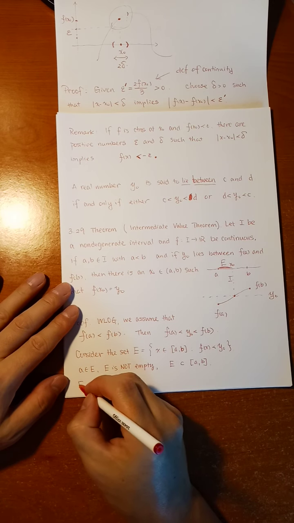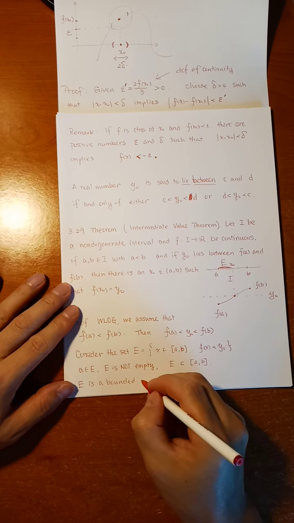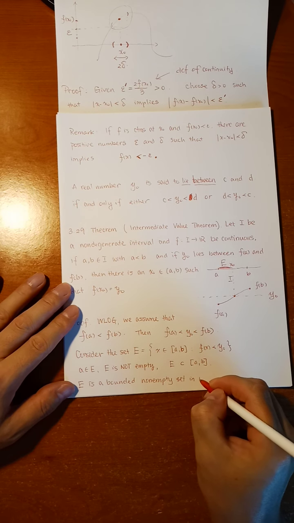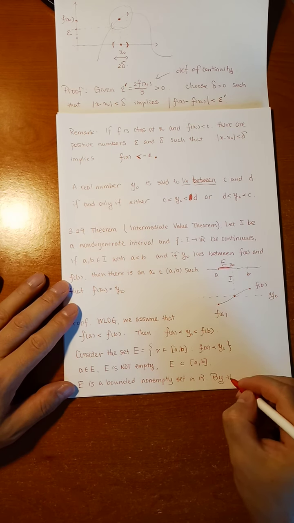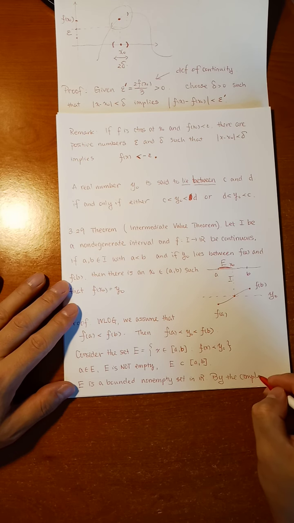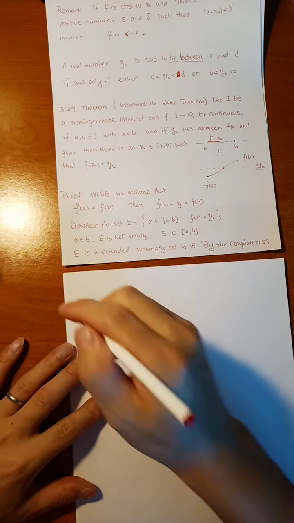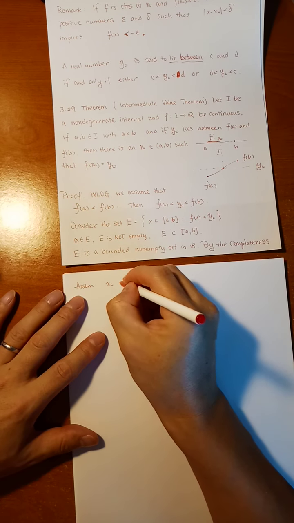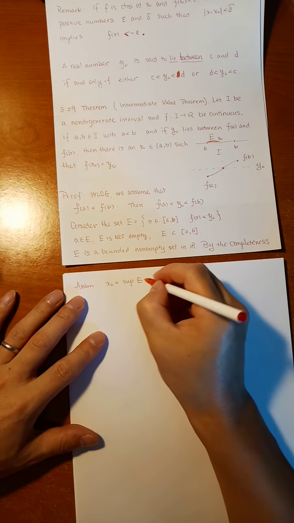So E is a bounded non-empty set in R. Then by the completeness axiom, the x0, which we define to be the supremum of E, is a finite number.